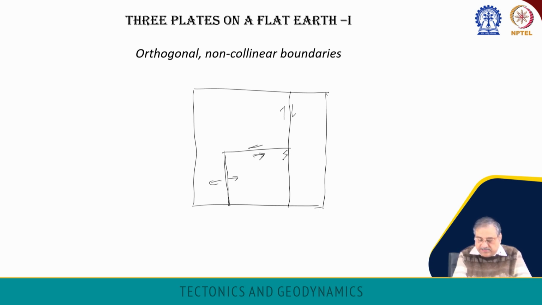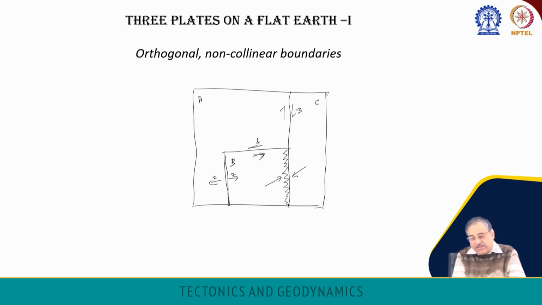Now let's say the overriding plate is plate B. So this is plate B, this is plate A, this is plate C. In this kind of situation, you can take the same values here. So this would be 4, this would be 3, and this would be my convergence vector as it was here.